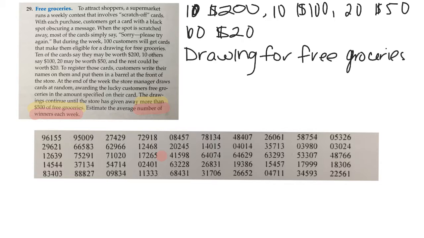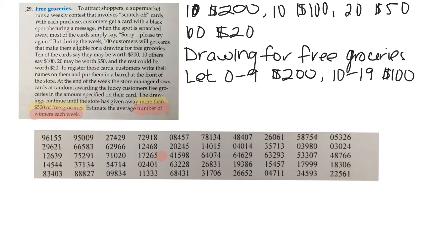So, how are we going to assign our numbers? Let 00 to 09 be $200. 10 to 19 be $100. 20 through 39 be $50.